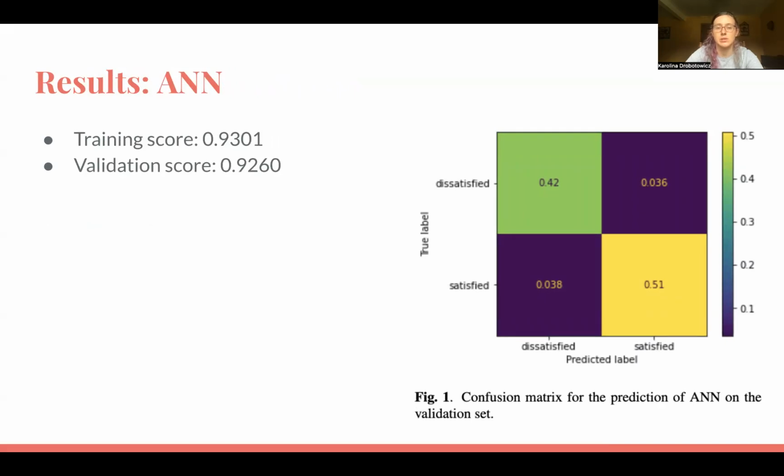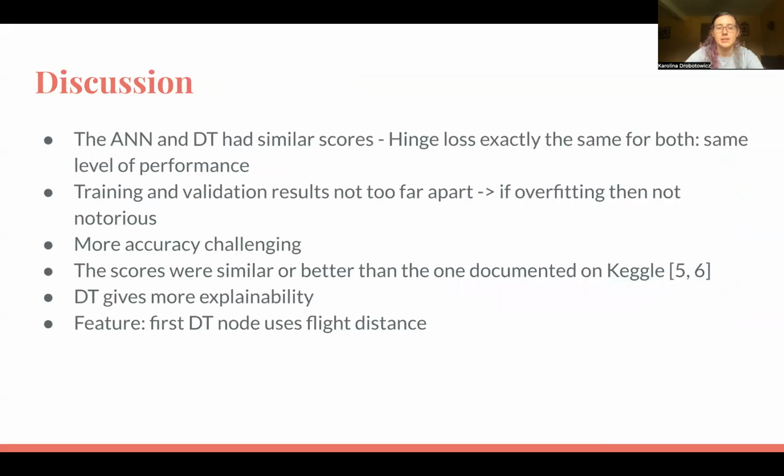Here, the training score was 0.93, and validation score was also almost 0.93. And we see that actually, which was also our surprise, that artificial neural network and decision trees had similar scores. Hinge loss was almost exactly the same for both, which means that there is the same level of performance.